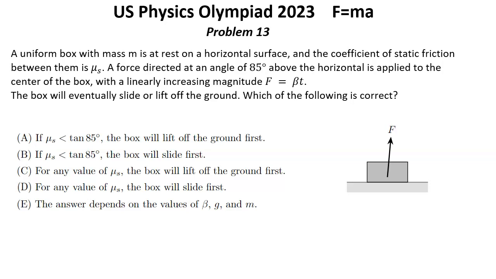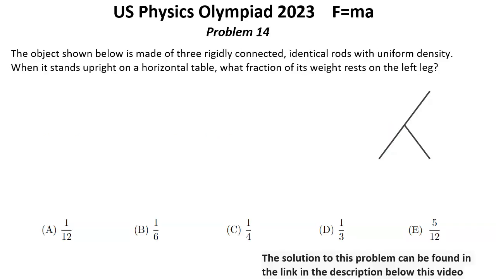Right before that moment, the normal force will be very small, so the maximal possible friction force is also very small, and cannot balance the horizontal component of the applied force. So the correct answer is D, and that was the solution for problem number 13.